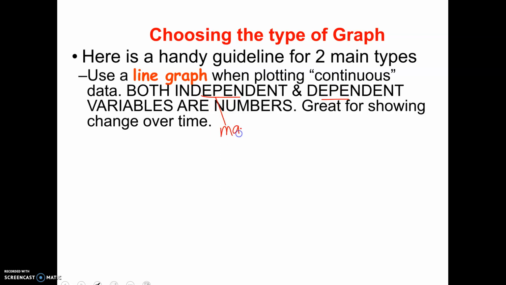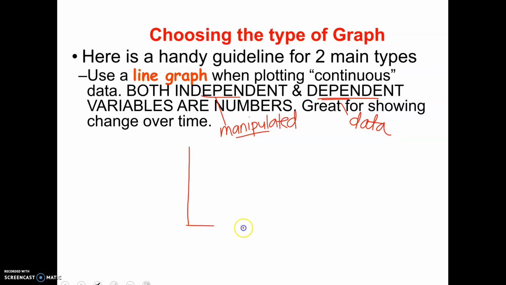Sometimes it's called your manipulated variable. And your dependent is the data you are collecting. If they're both numbers, you'd want to make a line graph.